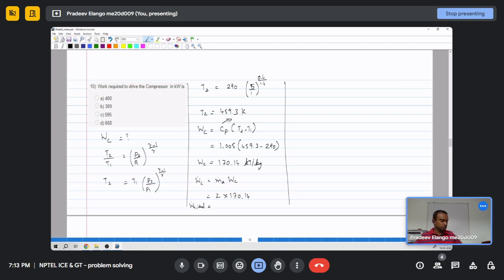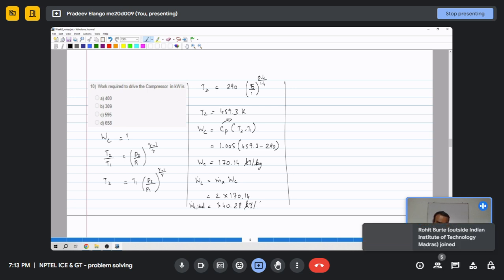What is compressor work? 340.28 kilojoule per second.